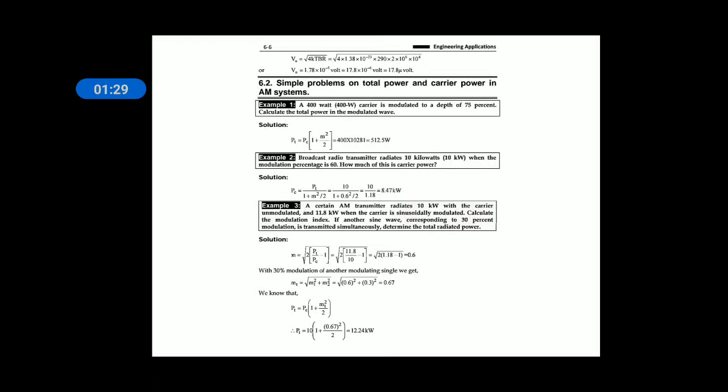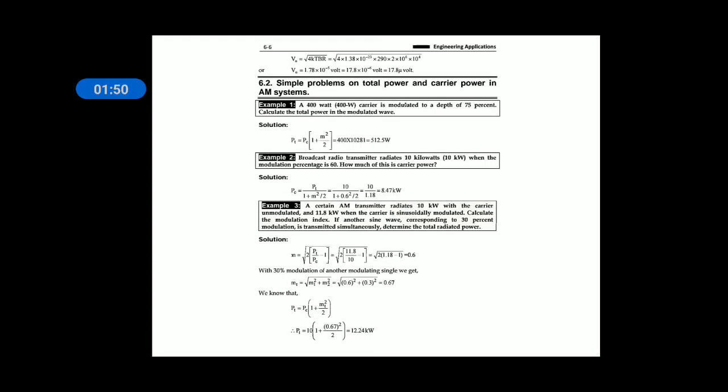As we know, in AM most of the power is in the carrier and a very small amount of power is in the sidebands. That is one of the drawbacks. Even then, AM is popular because it is simple in design.